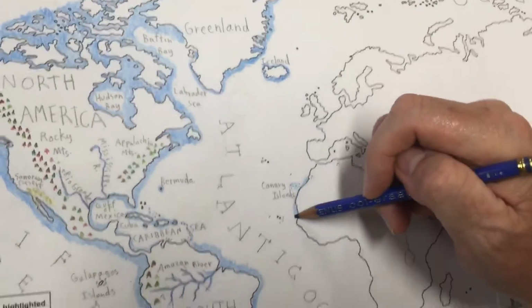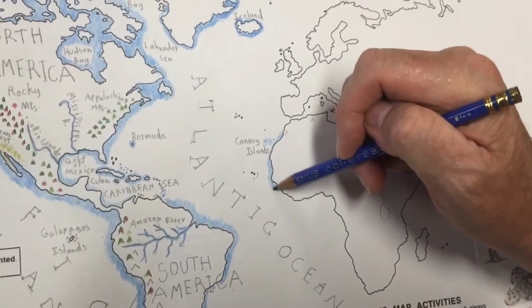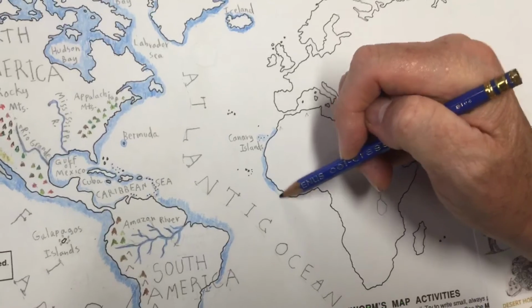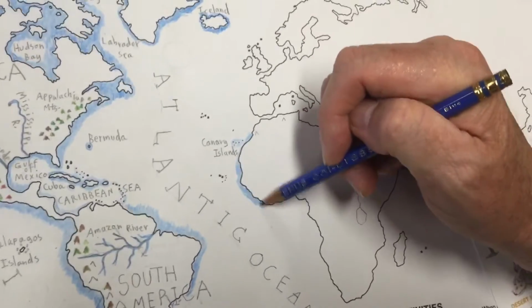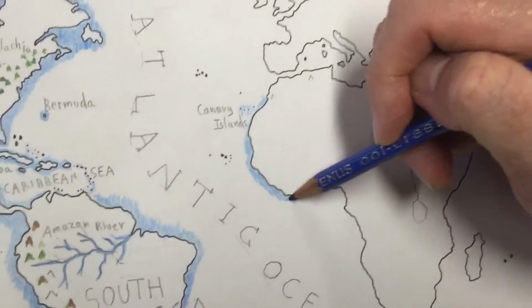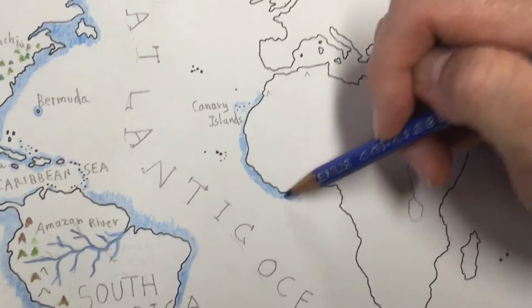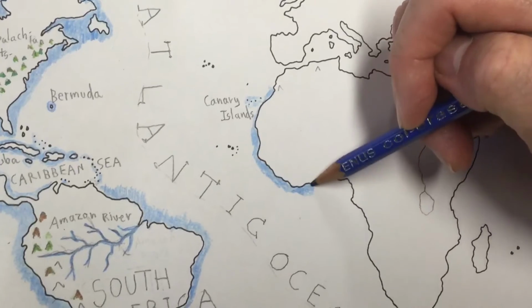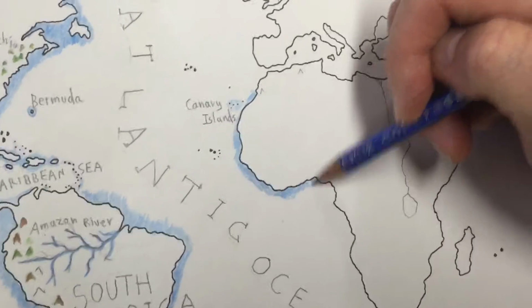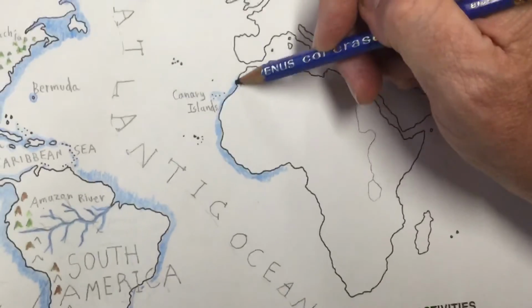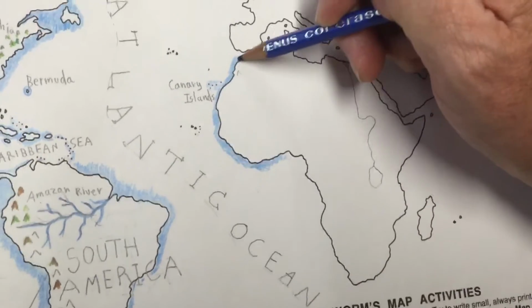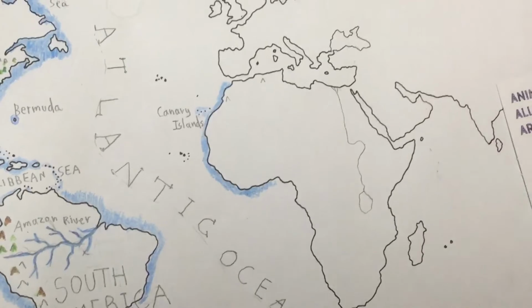Now we're going to be doing the whole continent of Africa. I won't do it all now, but you can take your time with this, nice and slow. And like I said, the slower you go, the neater your map will be. Focus on presentation and neatness when you're doing this long-term project.